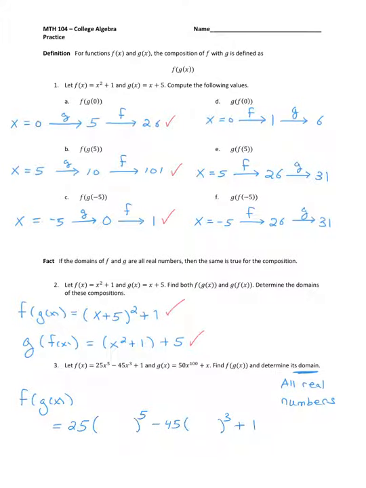And in place of all of those parentheses, I'll put the function g, which is 50x to the 100th plus x. And I just do that again over here. Now, I don't want to simplify this. I don't want to raise this to the 5th power or cube this and combine all terms. So again, I'm going to leave my equation so it looks just like this. But the thing to point out is, clearly just by looking at this thing, the domain is all real numbers. You can put any number you want in place of x and simplify this.